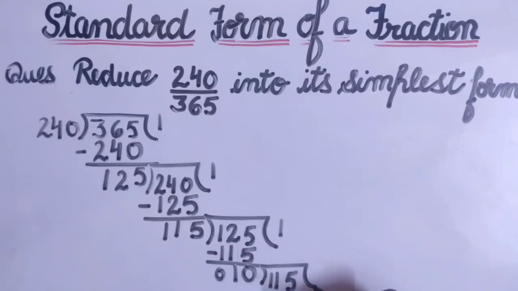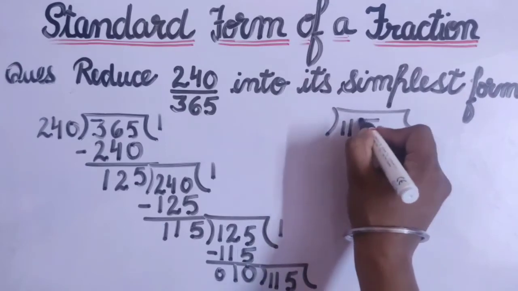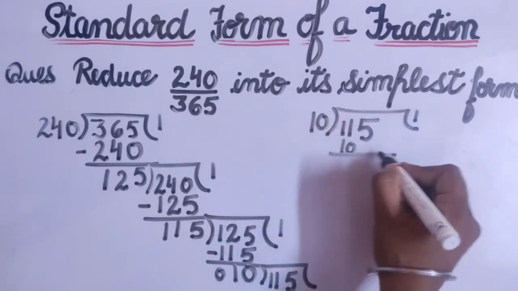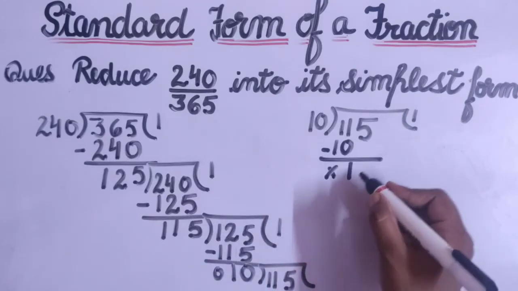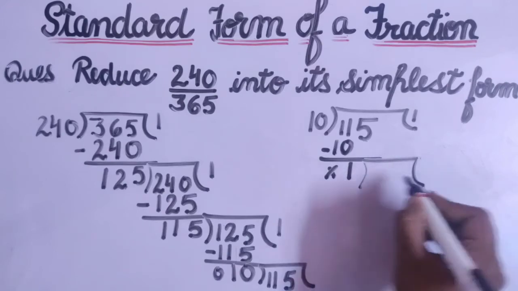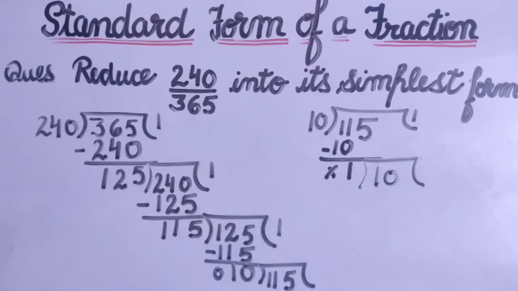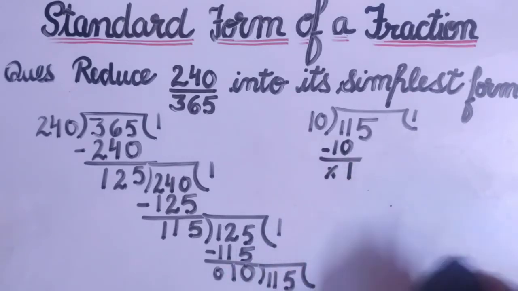Yes students, now I am not having space here, so I am doing it here. 365 divide by 10... 10 ones are 10. Remainder is 1. Now students, it's not like that 1 will become divisor and this divisor will become dividend. No, it will not be like this. Students, remainder will not become divisor.